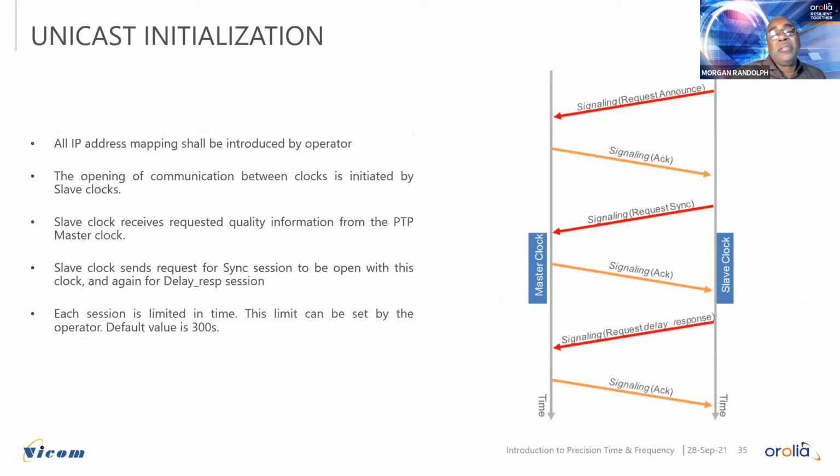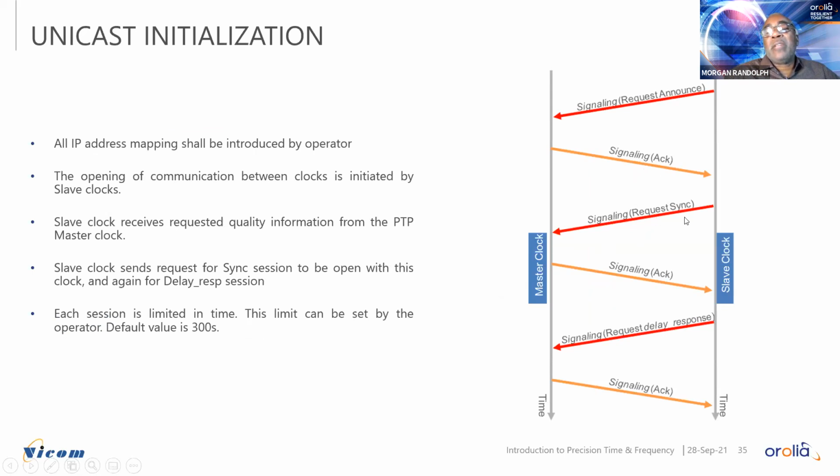And you've got unicast initialization. So when you're in unicast mode, all IP address mapping shall be introduced by the operator. So you see over here, you've got the request announcement, the signaling, the acknowledgement.